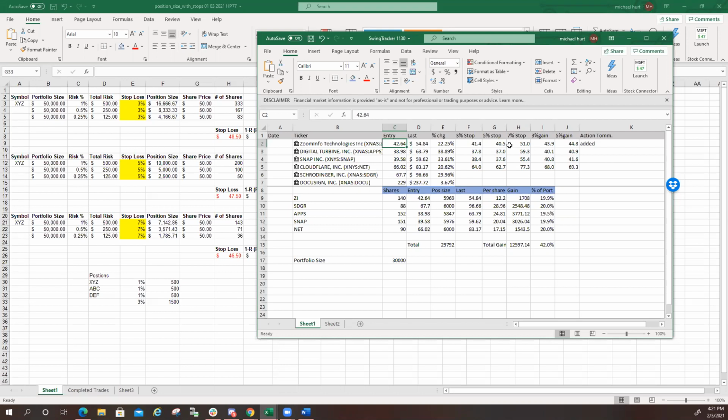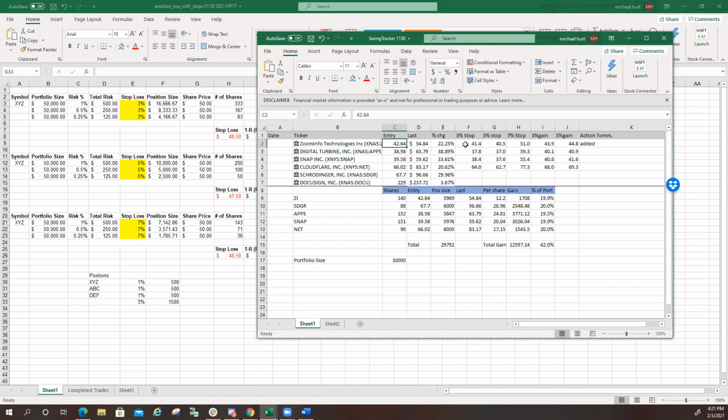The other thing I wanted to talk about was that if you're in a position, you actually can tier your stops if you want, if it's something you're trying to hold for a little bit longer and is holding some areas. Let's say I entered 100 shares of ZoomInfo Technologies, but I wanted my average stop loss to be 5%. Well, I could set a stop for 30 shares at 7%, 30 shares at 5%, and 30 shares at 3%.